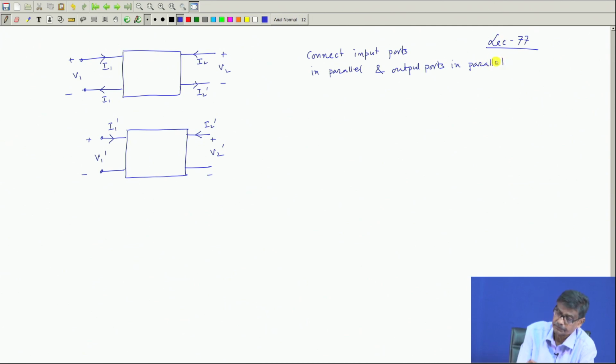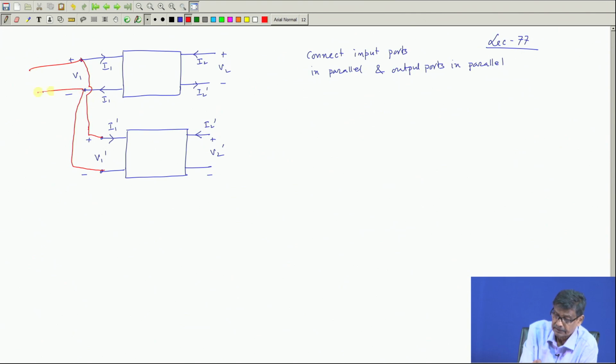So that means I take a piece of wire, I connect this point with this, and I connect this point with this.